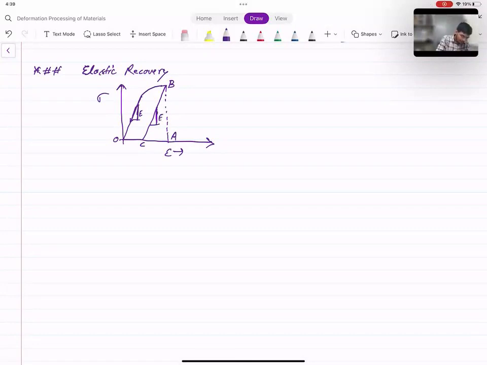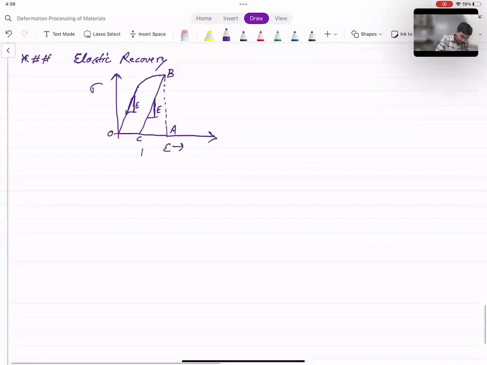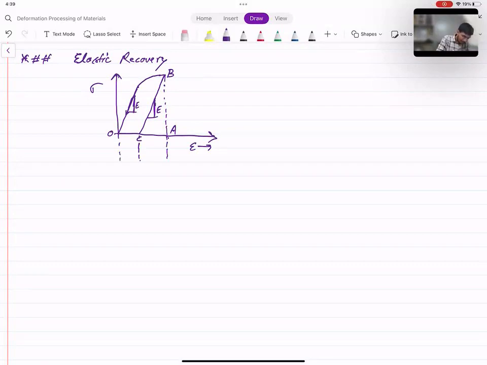So again the slope will be Young's modulus of elasticity, and let me divide this strain into two regions.